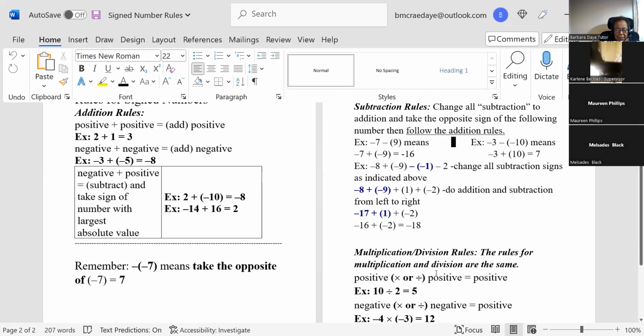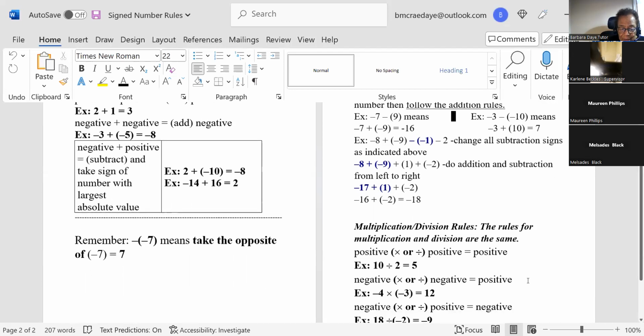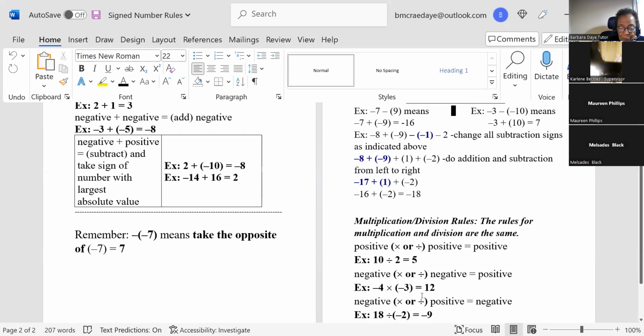Okay. Now, the multiplication and division rules, those are some of the simplest, right? Positive times positive gives positive. Negative times negative gives positive. So that means when your signs are alike, you get a positive. And that holds for multiplication and division, right? But if they're different, like a negative times a positive, your sign is negative.